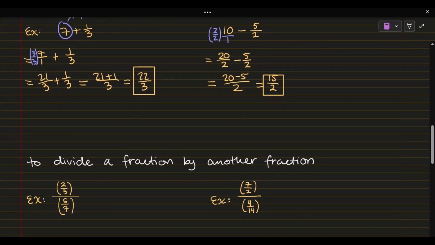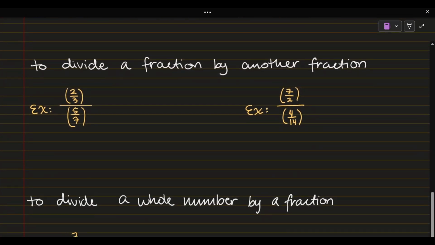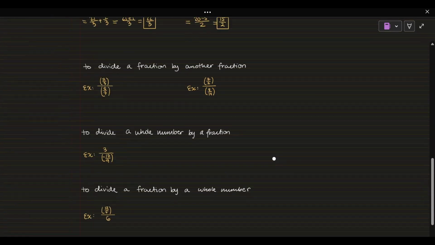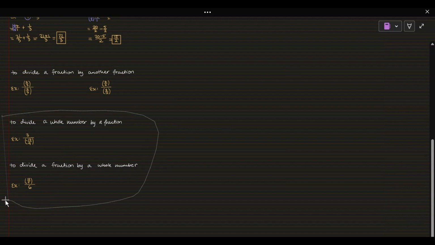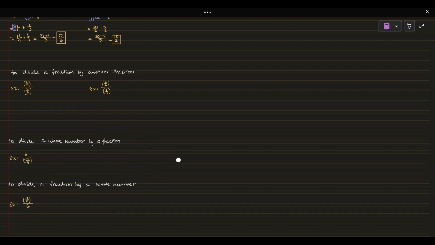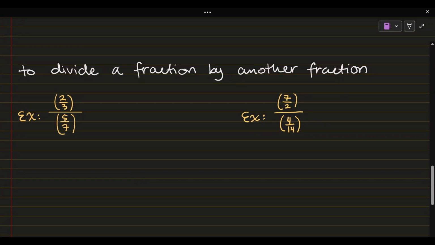Okay. Next, we're going to talk about dividing a fraction by another fraction.